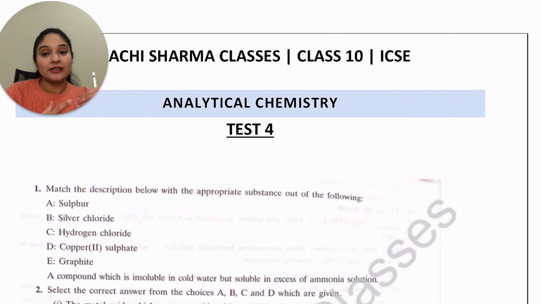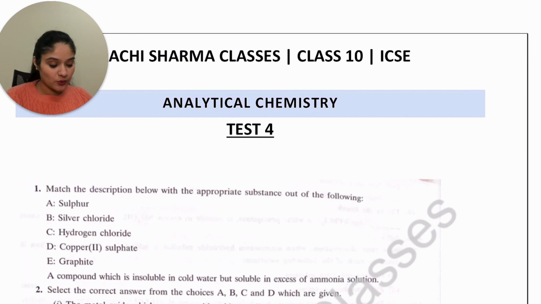This chapter is completely about learning equations and what are the different effects of different solutions, what kind of PPTs we get and what kind of gases come up. Now, let's move ahead without wasting any time.